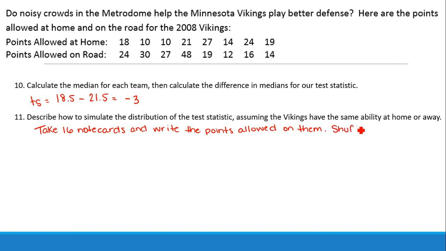Shuffle and randomly assign eight to home and 8 to road.